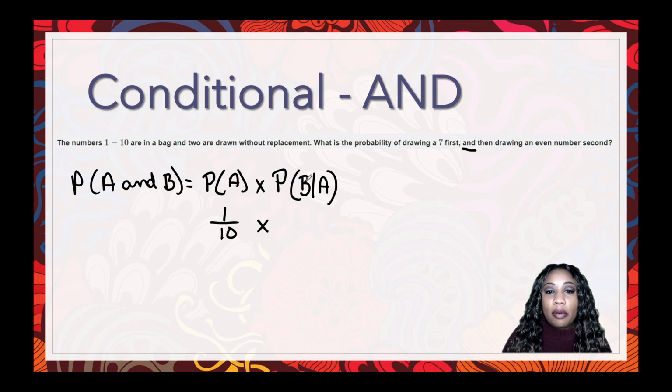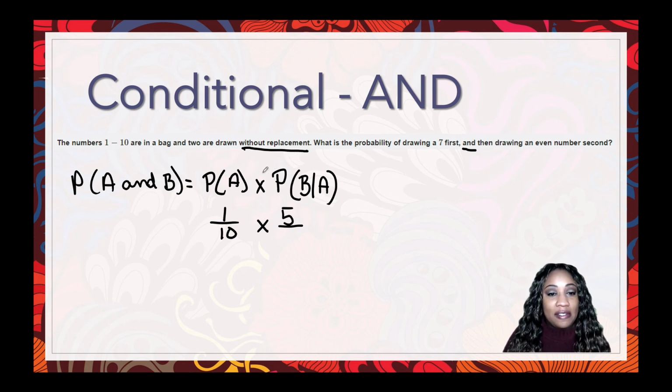and the probability of drawing an even number second, so 7 is an odd number, so that doesn't change how many even numbers are still in the deck. So we have 5 numbers that are even, but keywords, without replacement.